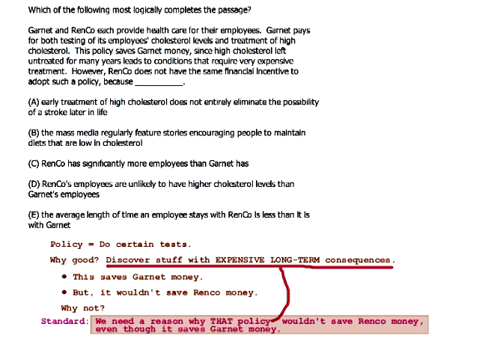So here, it's reasonable to think that you could predict pretty much exactly what it's going to be, that it's going to be some form of long-term is important to Garnet, but not to Renko. And that's going to be E.